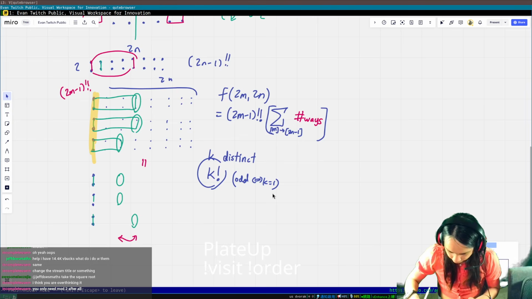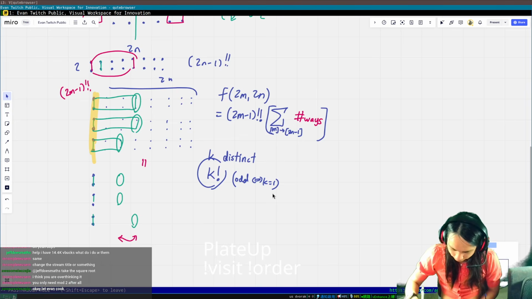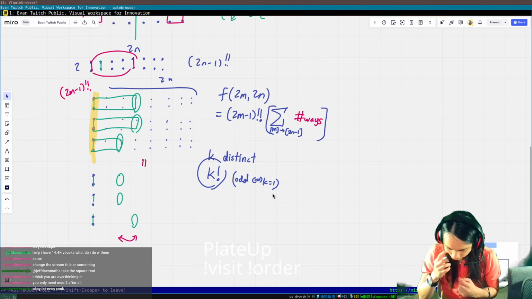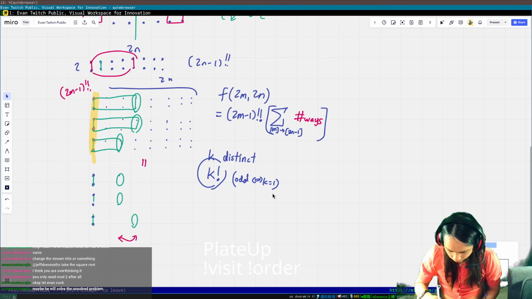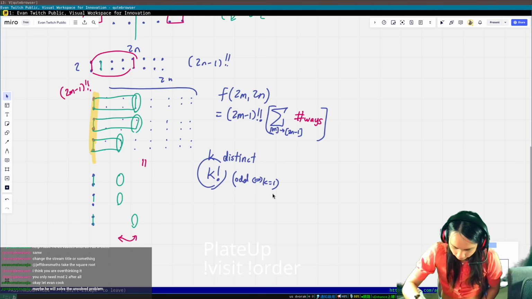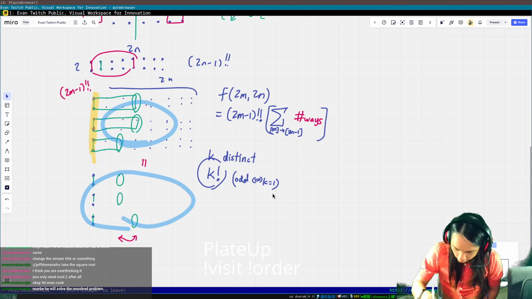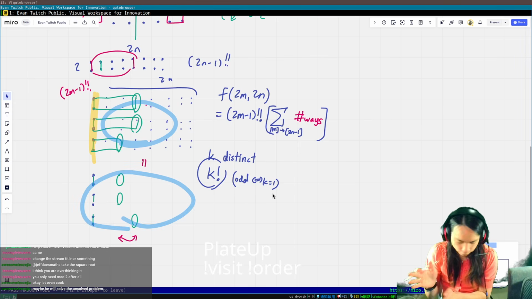But the idea is that two functions, we'll say, are paired if we can swap the output values of the functions. So this picture should have the same number of ways as this picture, where all I've done is swap the third and fourth column.